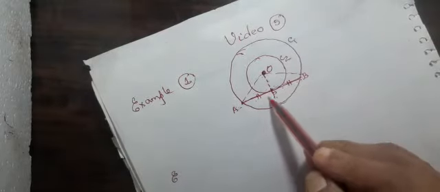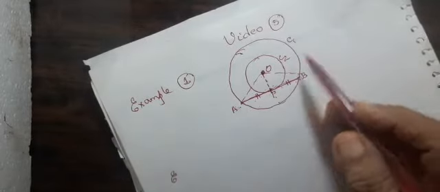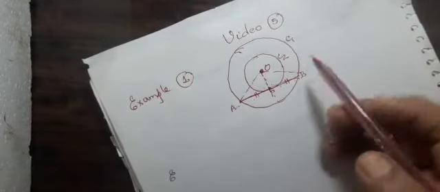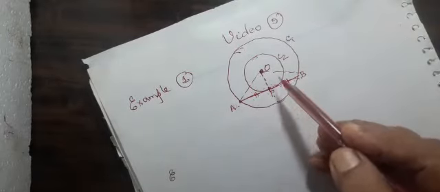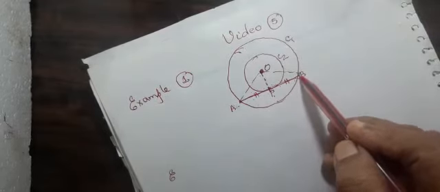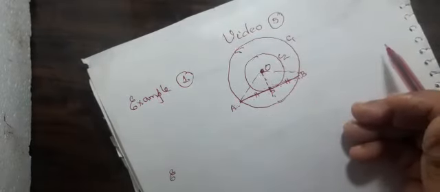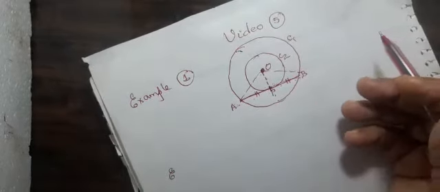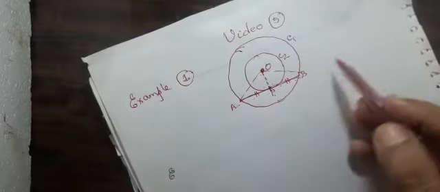In triangles OAP and OBP, right angle triangles they are, so one angle is 90, we know that. Now you should say in these two triangles, OP is common, OA is equal to OB because they are radii of the circle and they are hypotenuses also for the two triangles. Therefore, triangle OPA is congruent to triangle OBP.